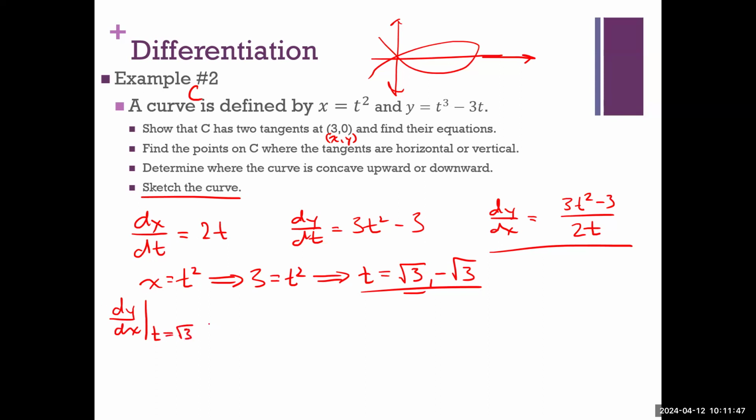So when I set t equal to radical 3 here, I get 3 times radical 3 squared minus 3, over 2 times radical 3, so 6 over... I think I have a slope of radical 3. I need that for the equation of a line. What else do I need? Or am I done?